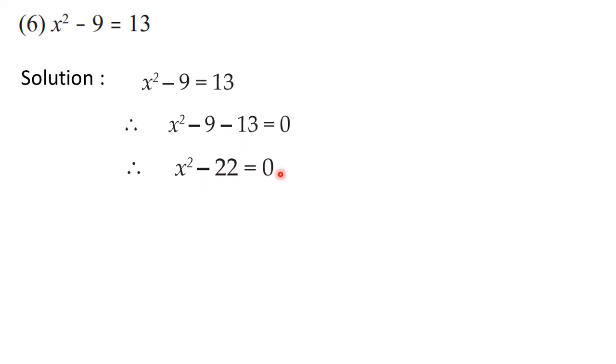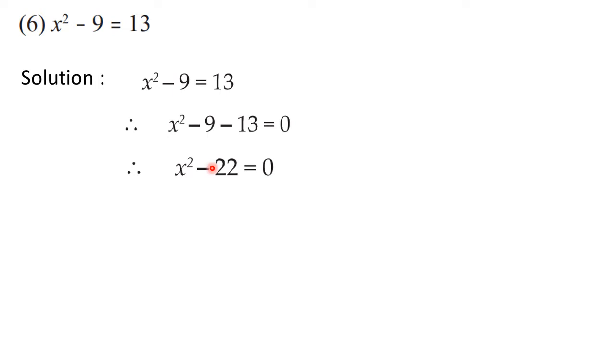But this is not a standard form. Just recall the standard form: ax square plus bx plus c is equal to 0. We should have 3 terms here. But here one term is missing. In that case, we need to write down that missing term with coefficient 0. So after x square, the next term should be with x, which is absent.